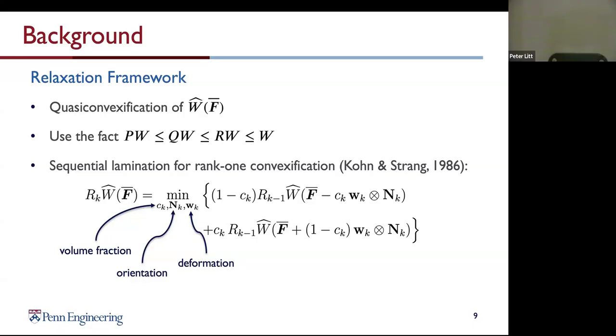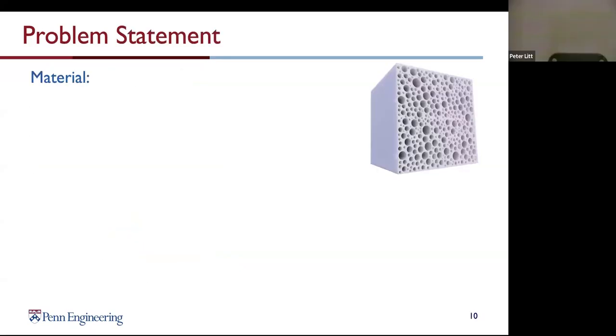If you remember from continuum mechanics or elasticity, if you're going to have a discontinuous deformation, then you can only differ by something that's rank 1. This builds that into its form. So that's how we can go about getting the rank 1 convexification, and that's going to be our approach for the problem.